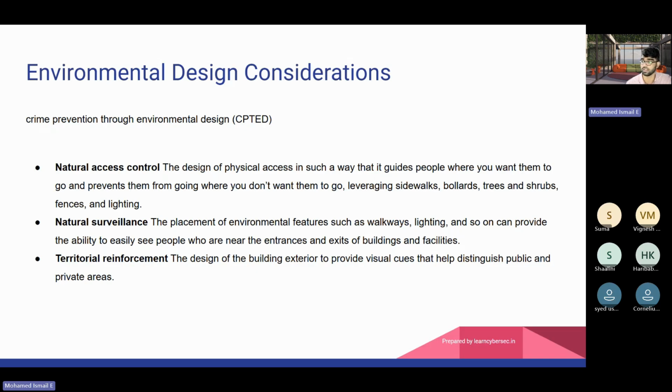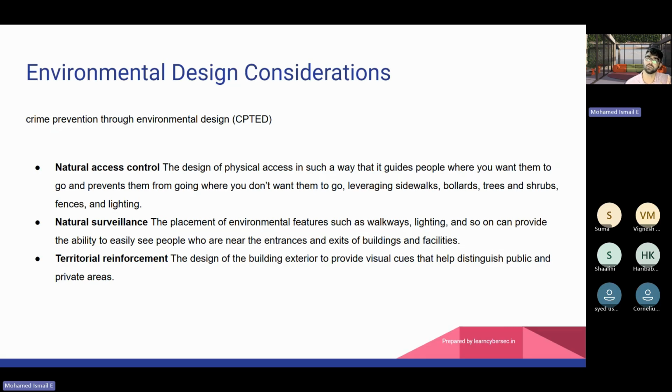Next, territorial reinforcement. This is the design of the building exterior to provide visual cues that help distinguish public and private areas. So it's very clear, right? When you enter an airport, you can clearly distinguish this is the airport area, and this is a private area or a private hotel outside the airport, right?